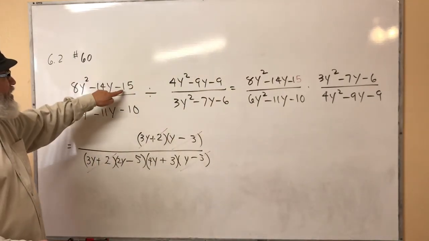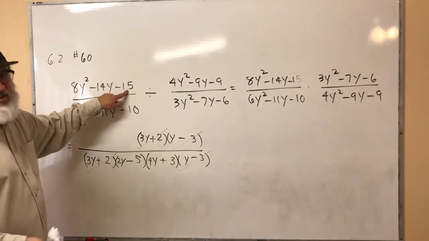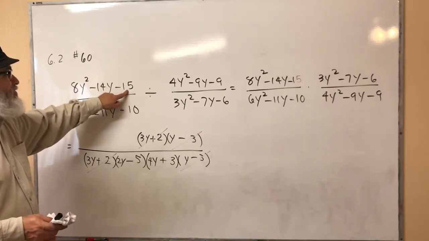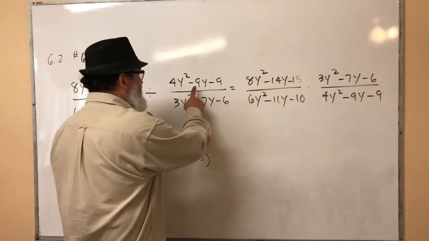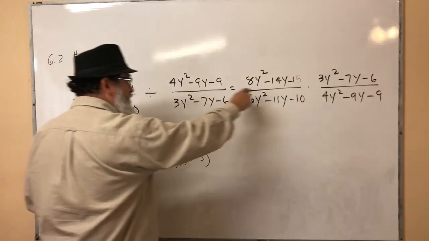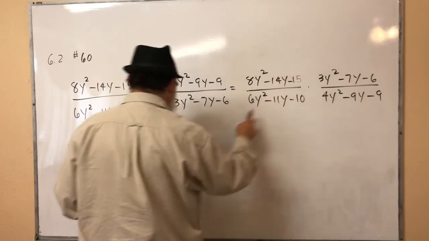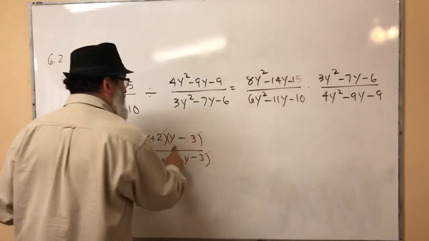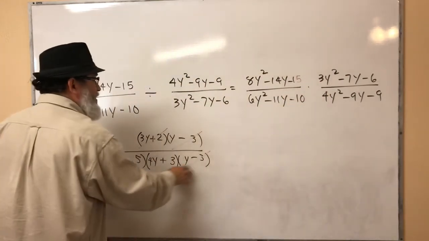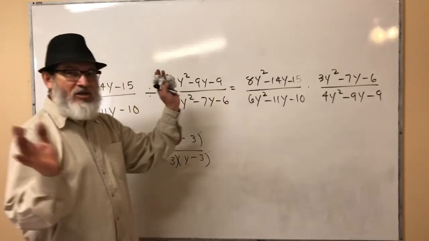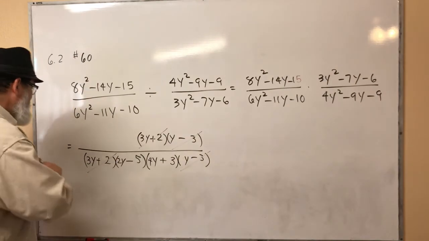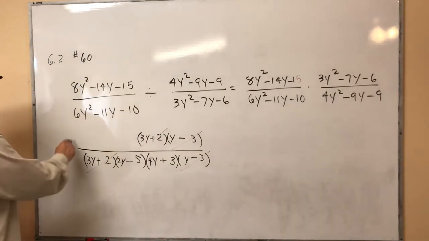Instead of writing a minus 15, I wrote 16, my mistake. But I'm gonna fix it right now. So I'm minus 15, so I factor this one. I flipped it over and it became multiplication. This one has been factored there. This one has been factored there. I just need to factor that one. That's all I have to do. That was my mistake.